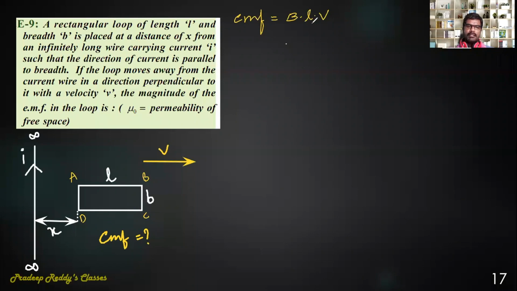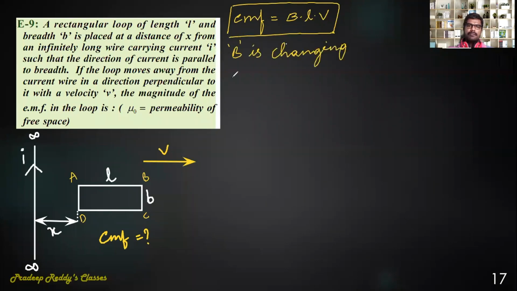L is the length of the conductor, that is also constant. B is magnetic field. Magnetic field is not constant in this case. Check it up. This is the formula you need to use here. B is changing as the coil moves away from the current carrying wire.